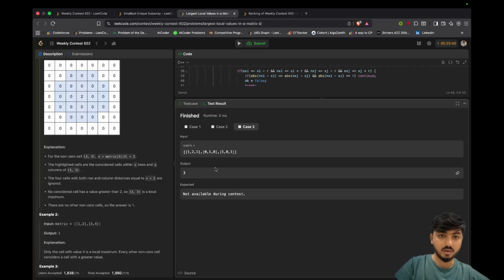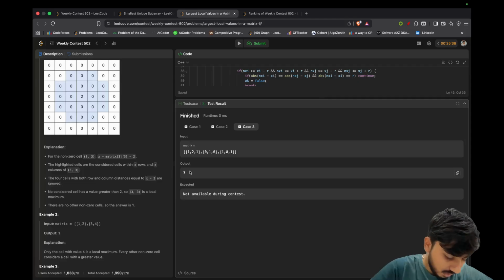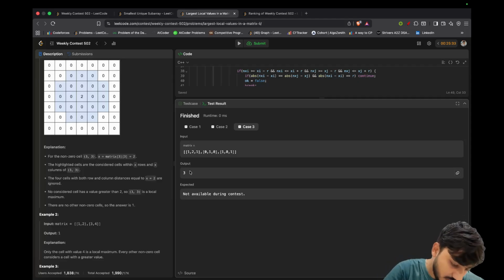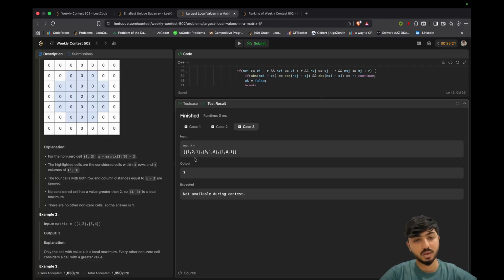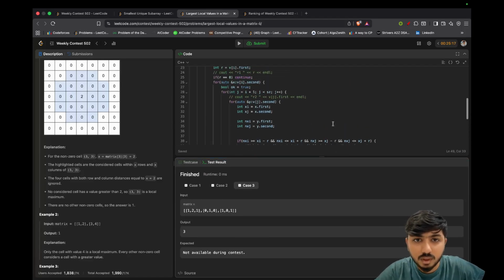Wait, it should be 2 instead of 3, I guess. This is not valid. It should be 2 here in this test case. Let's print.